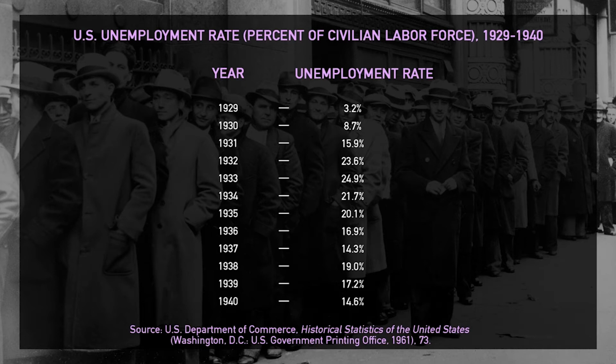So he was not the saviour of the Great Depression, because in the year 1938, we saw what was called the Roosevelt Recession. Now, the Roosevelt Recession drove the unemployment rate back up to what we can see at 19.0%. You can then see that he was not a saviour of the Great Depression.